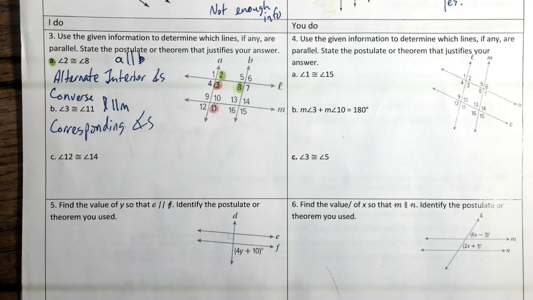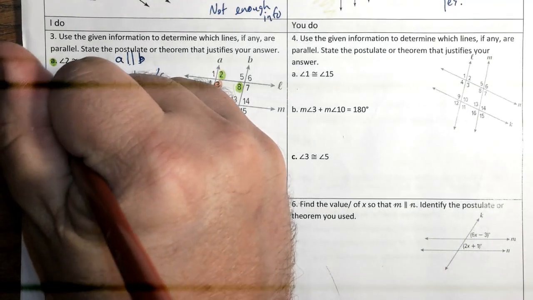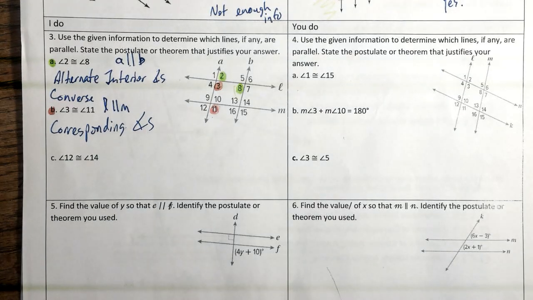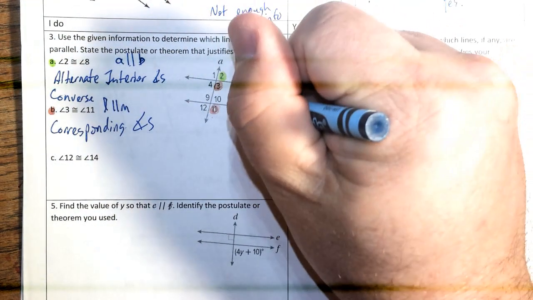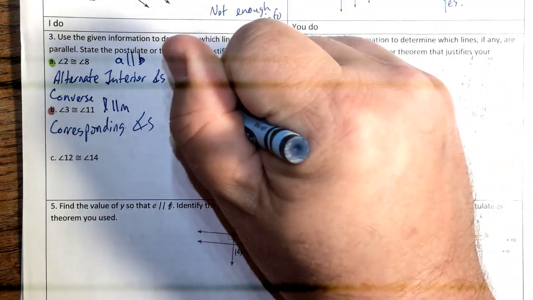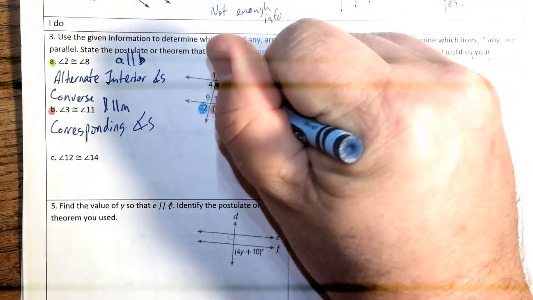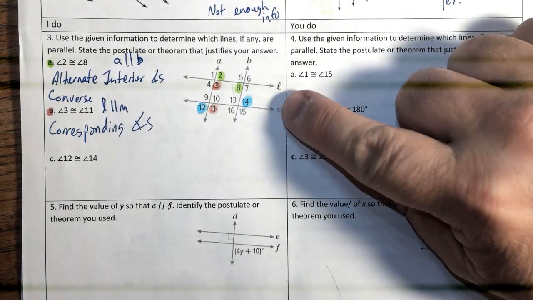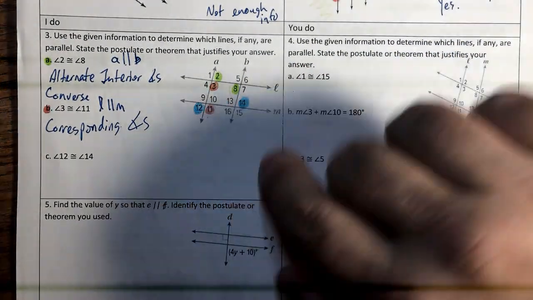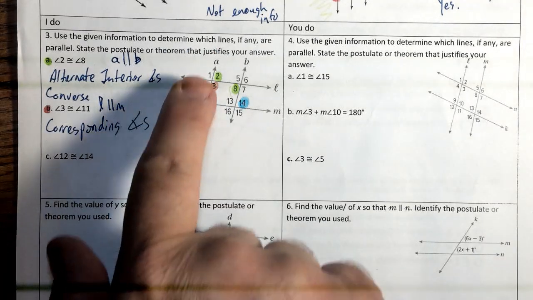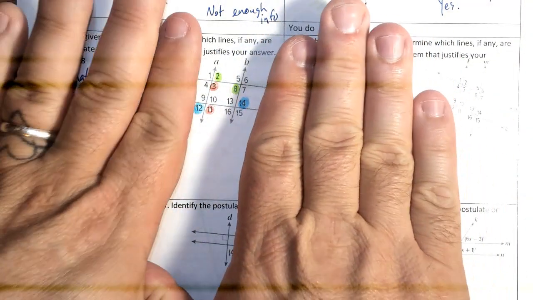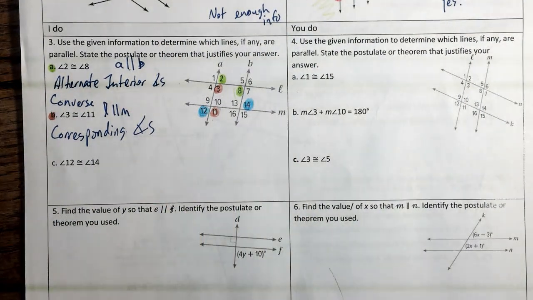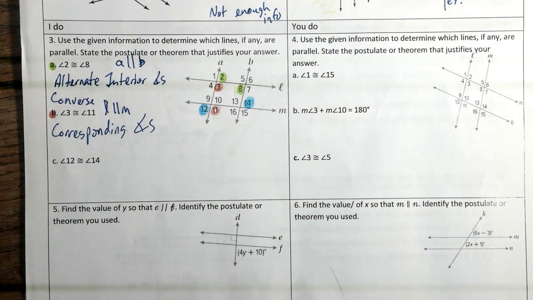All right, finally, just make B brown so we know what we did there. Now, C, angle 12 is congruent to angle 14. So we got 12, there's 12. 12's over here, and 14's over here. All right, so if you're looking at L and M again, these both touch M, they don't touch L, so we got to go this way. This one's touching A, this one's touching B. Well, they're not both on the inside, so it can't be an interior or an exterior.